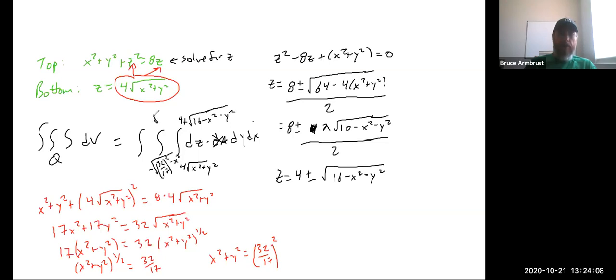The upper bound is the positive square root of 32/17 squared minus x squared. And then the x's are going to go from minus r to plus r. So from minus 32/17 to plus 32/17.